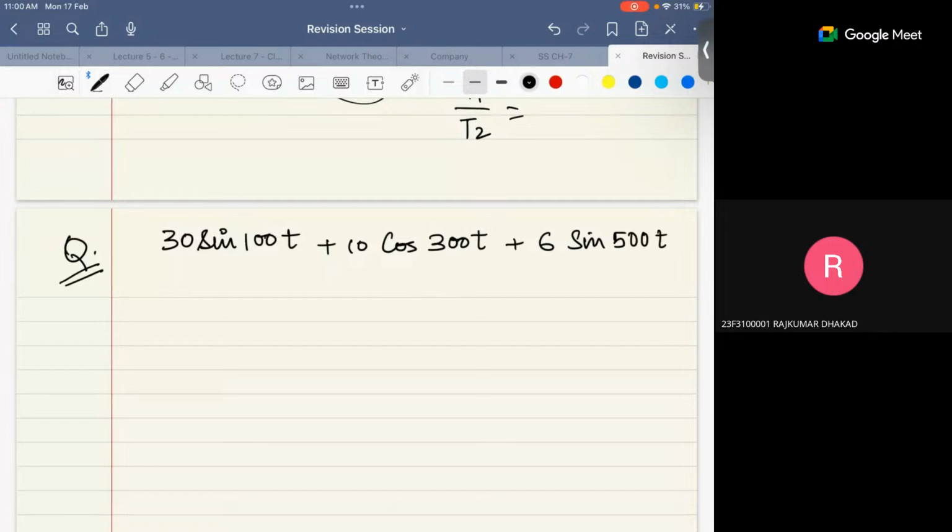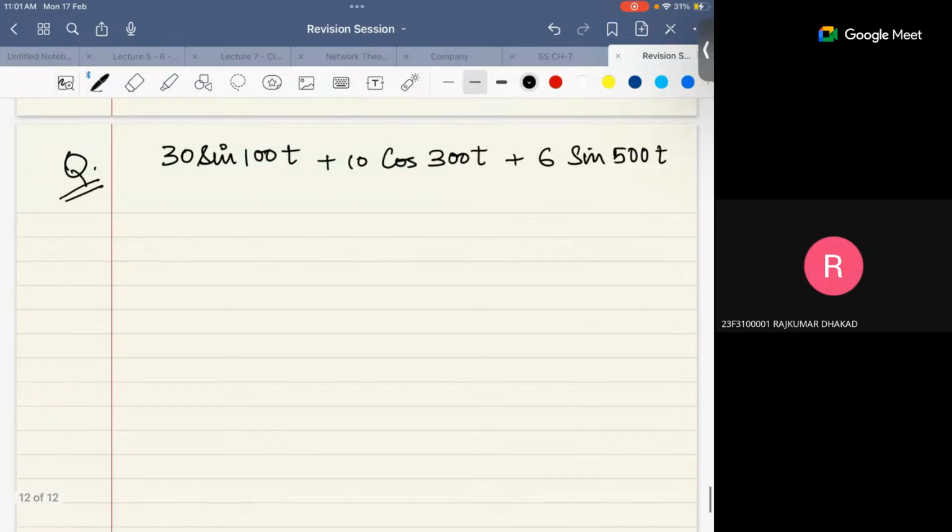What is the fundamental period? What is omega 1? 100.